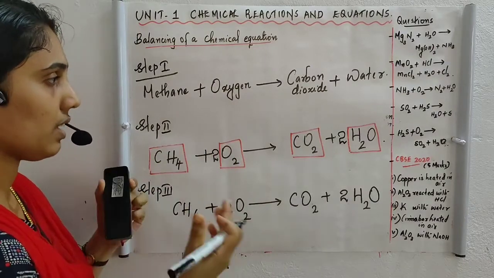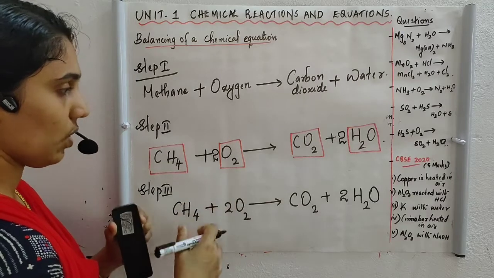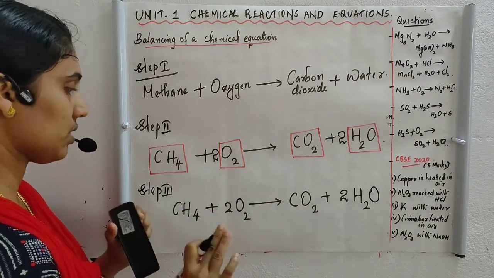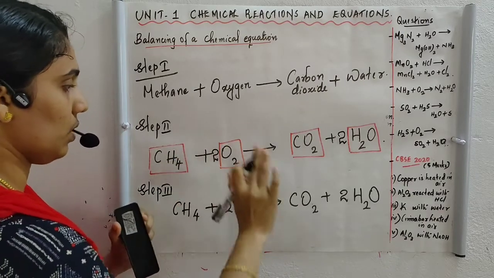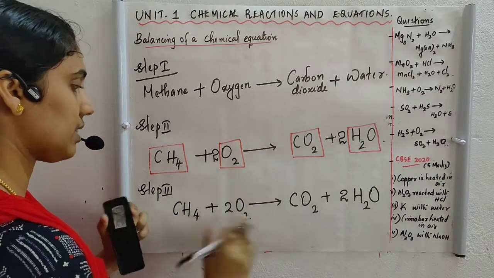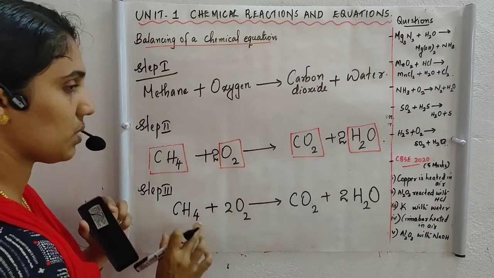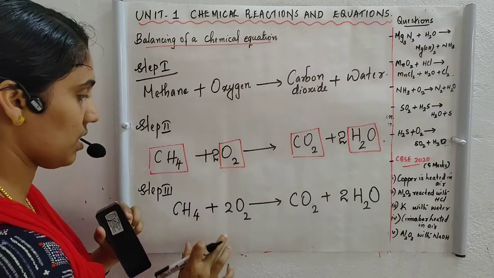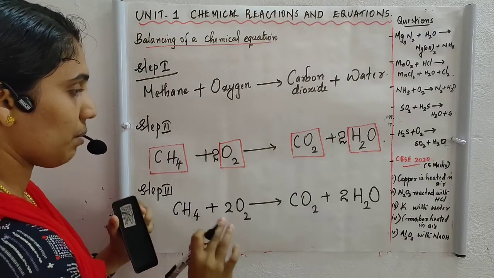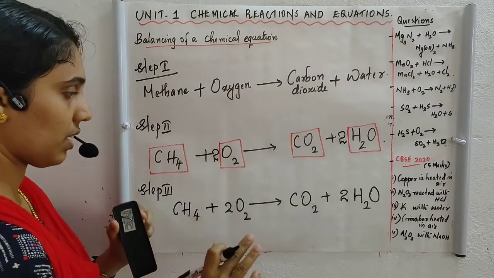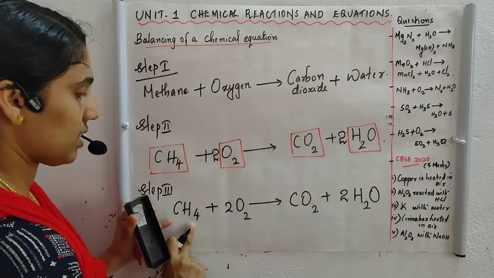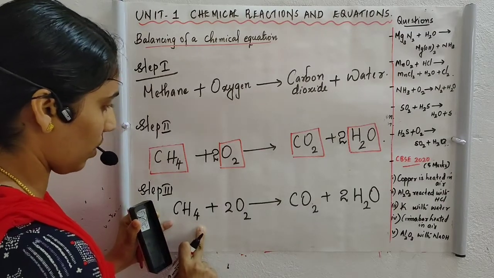So for your examination, all the steps are not compulsory. Our aim is to balance different equations, so write a balanced chemical equation. That's only our aim. Keep this in mind, and after writing the balanced equation, check the correctness of the equation, because if any one element is missed the answer will be completely wrong. So check whether it is properly balanced or not.